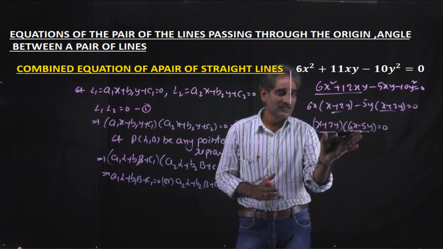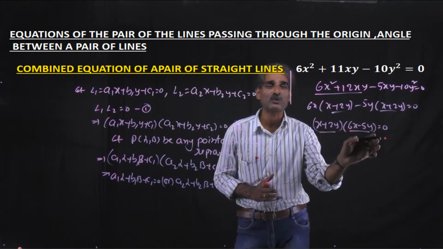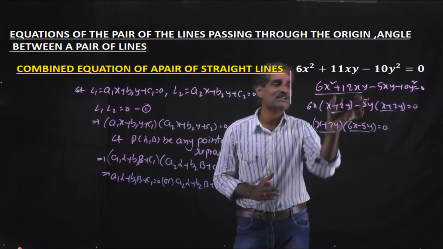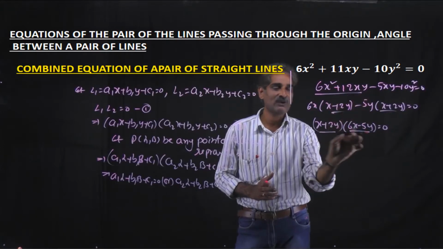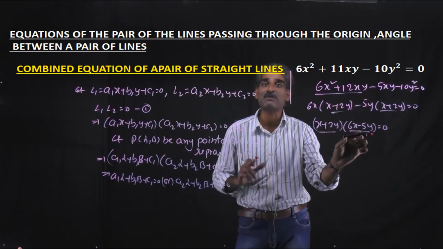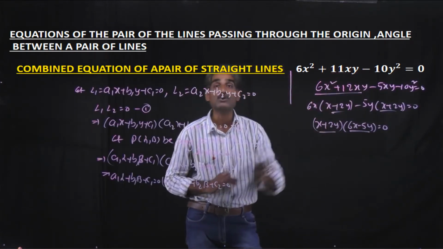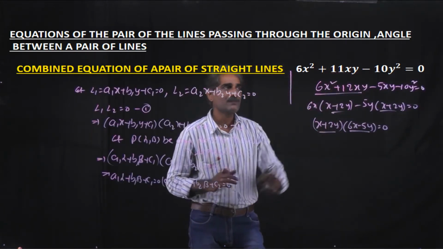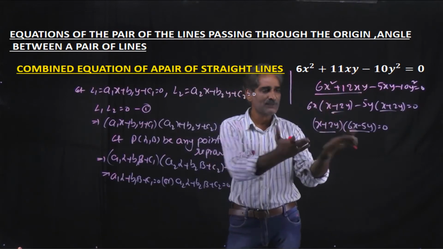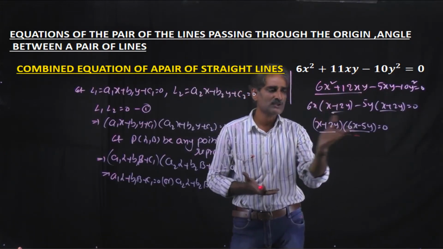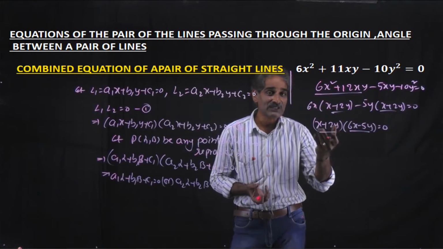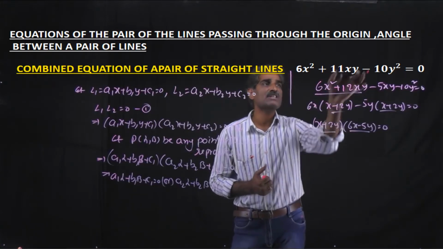This is in the form L1 L2 equal to 0. These are the separate equations of the combined equation. L1 L2 equal 0 represents the combined equation of the two lines. If it represents two lines, we can separate it, and now these two represent the equations of the two lines.